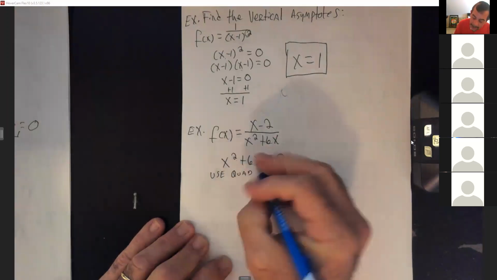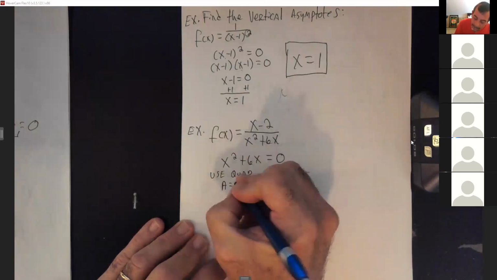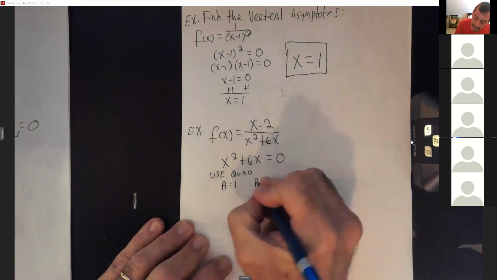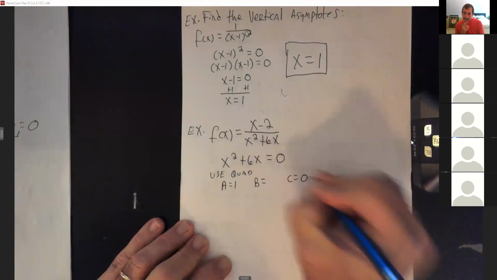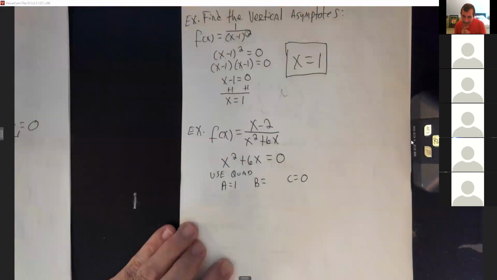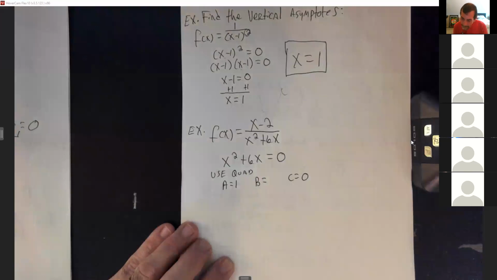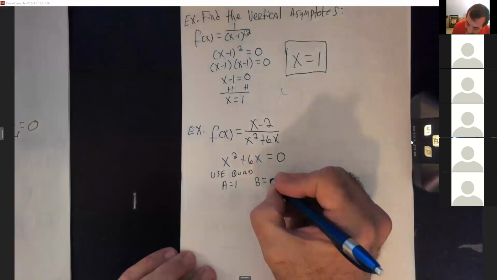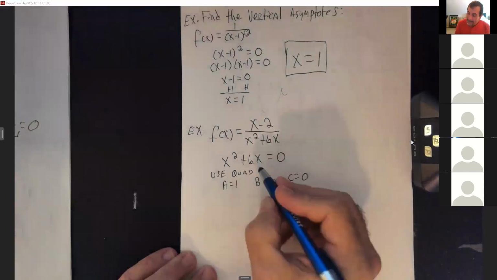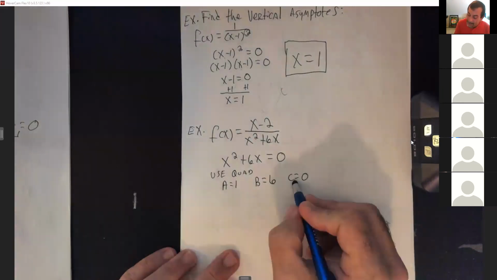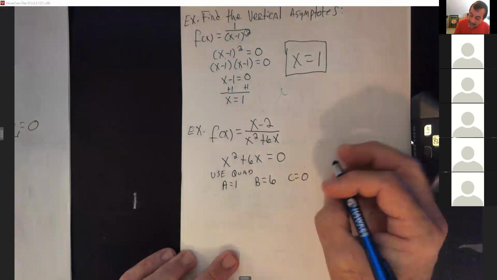So I'll tell y'all, A is 1, but let's see what y'all can give me for B and C. B would be 6 because it's by the x. And then the C would be 0 this time because you don't have a number at the end.